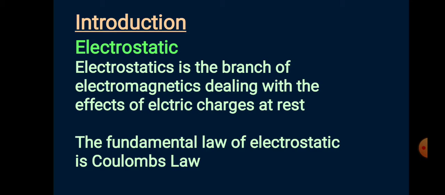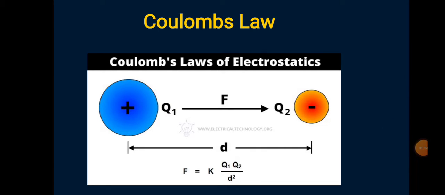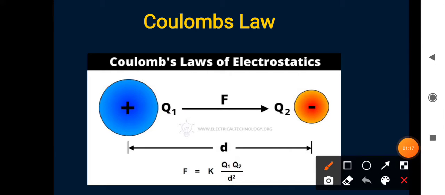The study of electrostatics is based on the fundamental law, whose name is Coulomb's law. If this positive charge is a source charge and this negative charge is considered as a test charge, okay, the positive charge, considered as a source charge, produces the electric field in space.